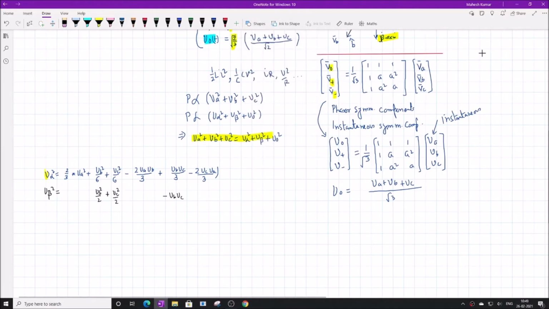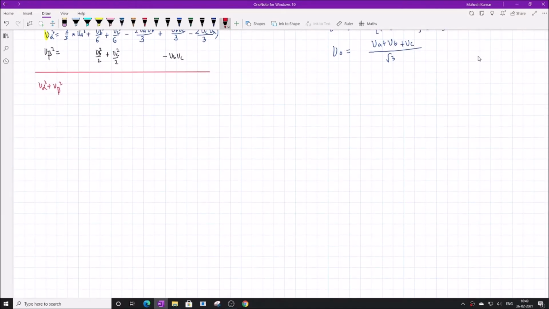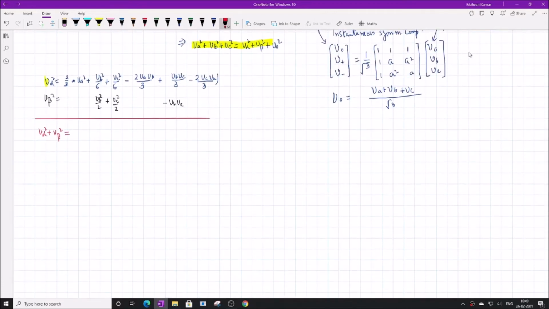Now if we simply sum them, what do we get? B alpha square plus B beta square equal to 2 by 3 Ba square. If we add 1 by 6 and 1 by 2, okay, it becomes 2 by 3.